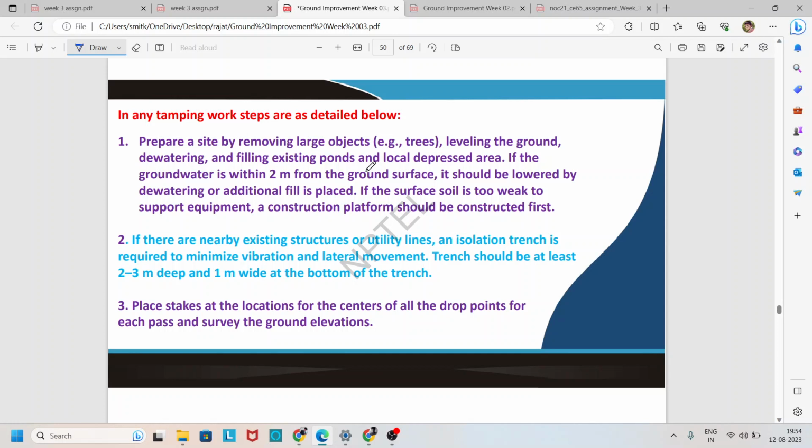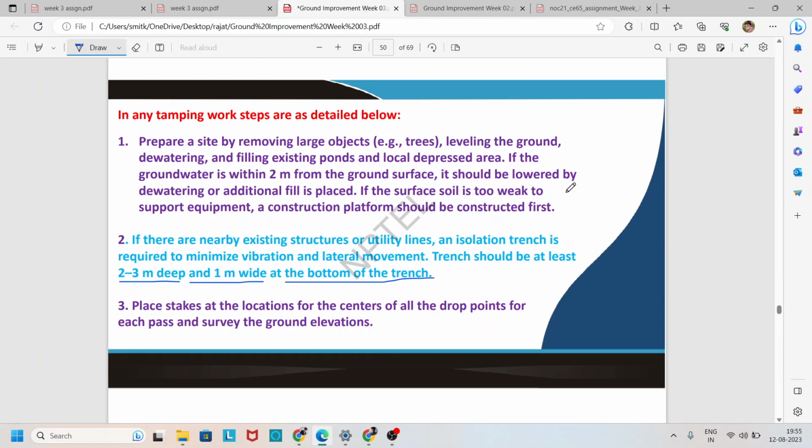And we also address the nearby structures, whether the nearby structure is at a reasonable distance or not. If it is very near to the deep dynamic compaction point, then trenches should be used, at least 2 to 3 meters deep and 1 meter wide at the bottom of the trench.